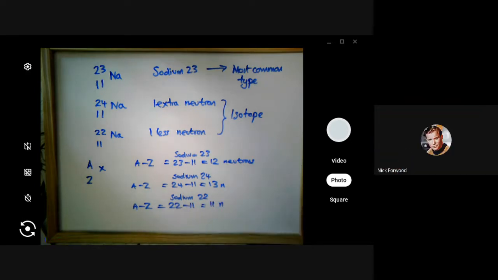So we can work out for any element and its isotopes, we can work out its nuclear configuration using this notation here. So these are all isotopes. So isotopes are the same element, which means the same number of protons, but with different numbers of neutrons in the middle.